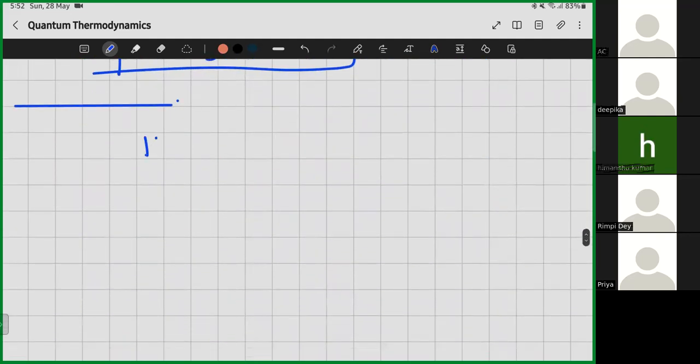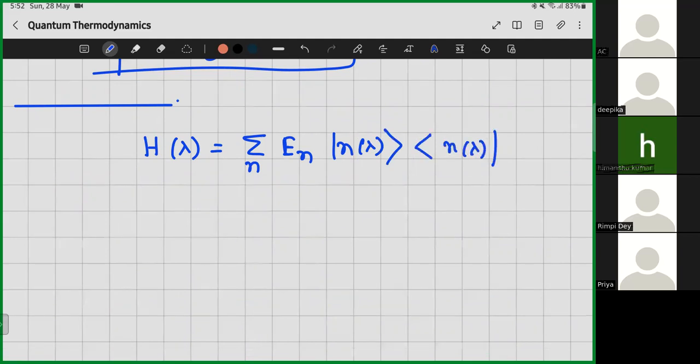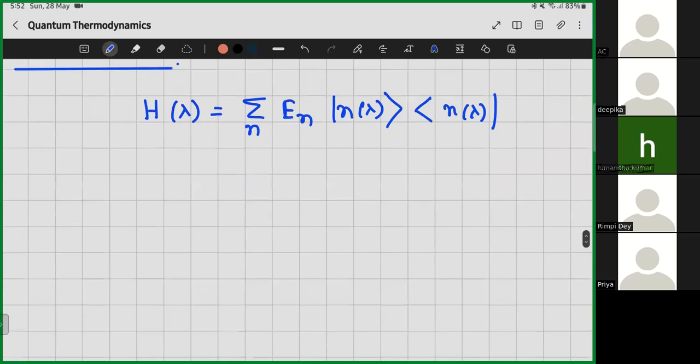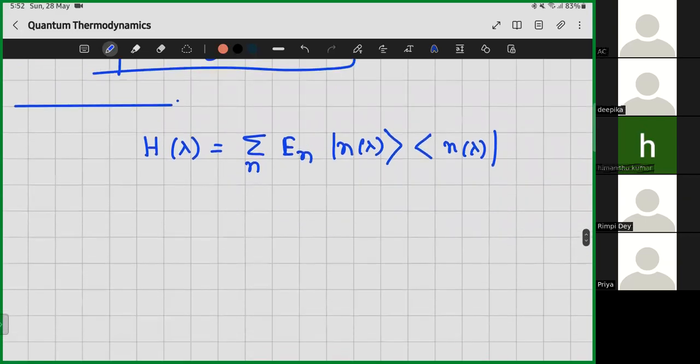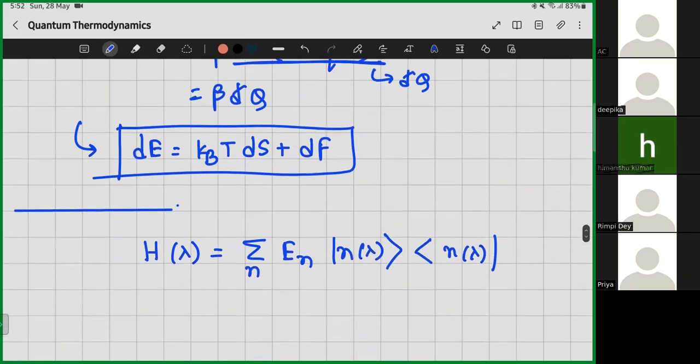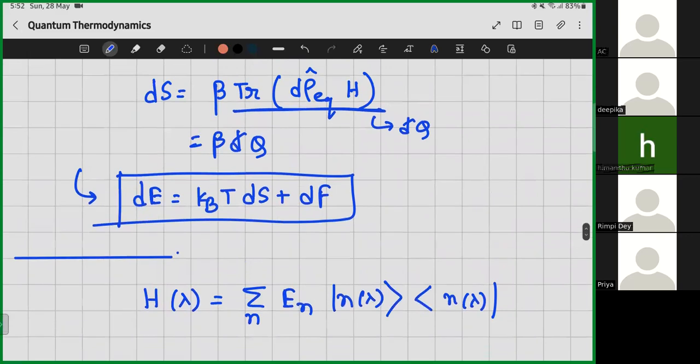So in general, as the Hamiltonian is parameterized with lambda, we can write the Hamiltonian in terms of En and the eigenstates n, which will also depend on lambda. How does the above expression differ from the classical equation? I want to understand this better.